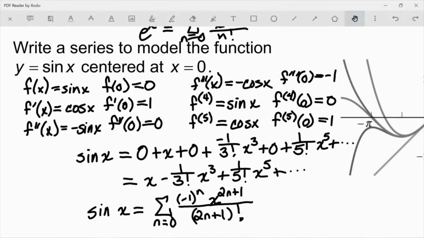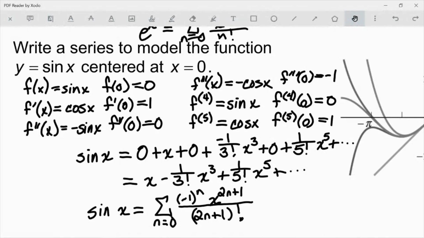The nice thing about this is if I needed to evaluate the sine function anywhere away from 0, like a non-unit circle value, let's say I needed sine of 0.1. Well, I can now use a polynomial to model the sine of 0.1, and I really don't have to use a lot of terms.